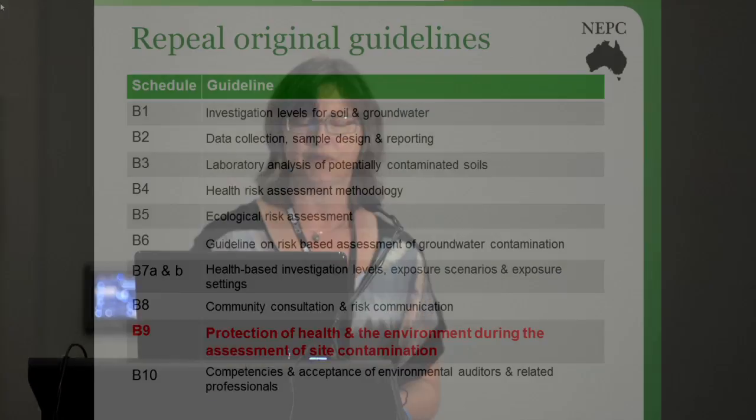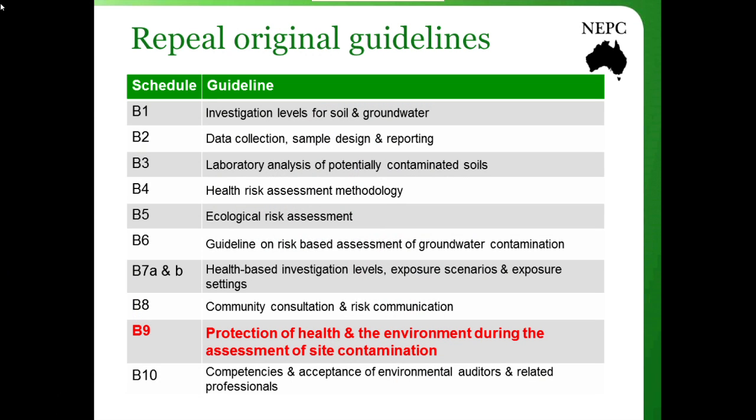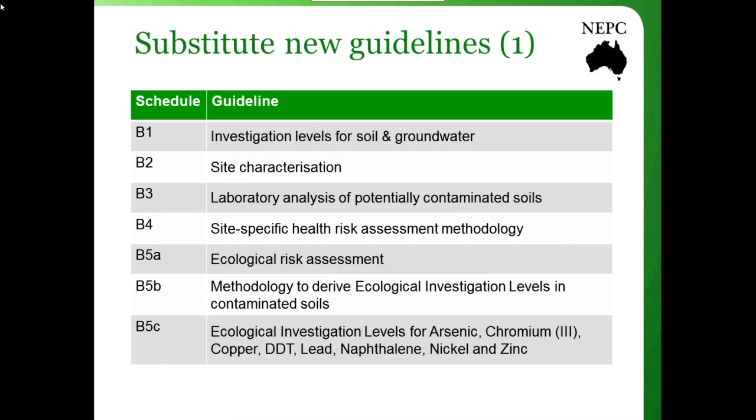The guidance on protection of the environment during site assessment, that material has been kept, and it appears now in B2. So the original guidelines are all being repealed, substituted by new guidelines. And as I say, some of them have the same title.